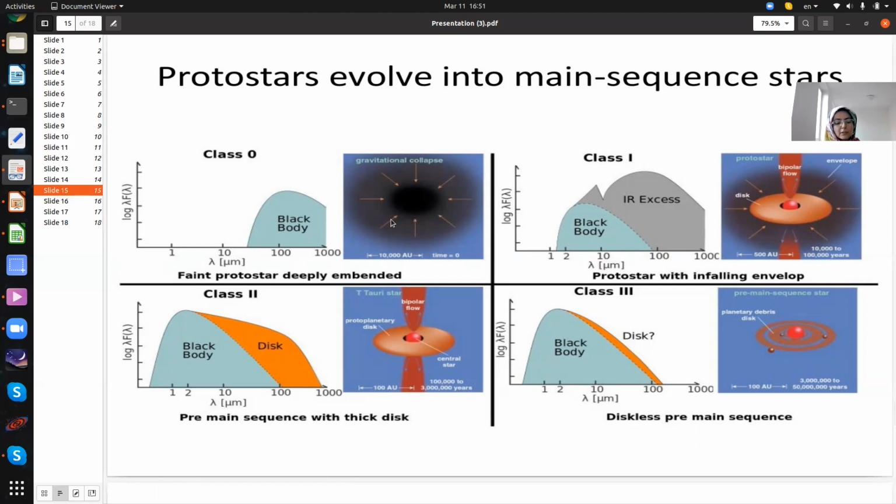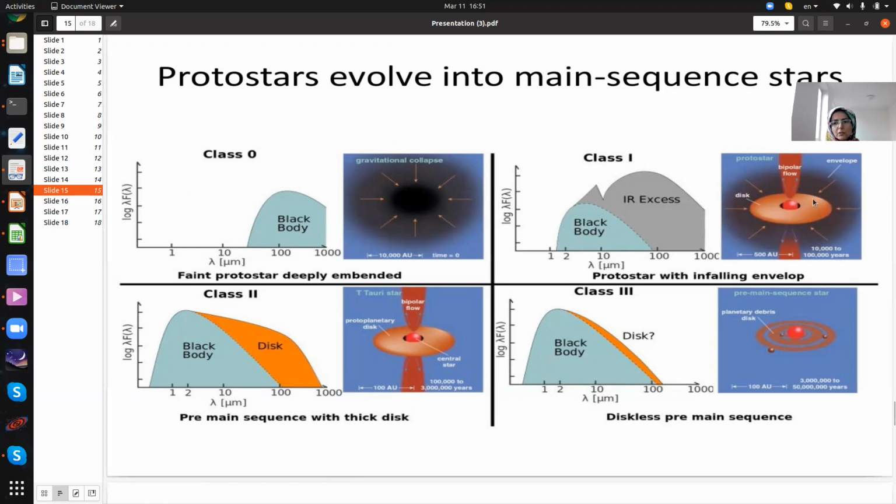But we do not have any disk, we just have black body radiation of the molecular cloud, which is more dense and it collapses. And then here you see that we have a protostar with an infalling envelope. We have a disk and we have infrared radiation of the disk, but the protostar radiation is lower.